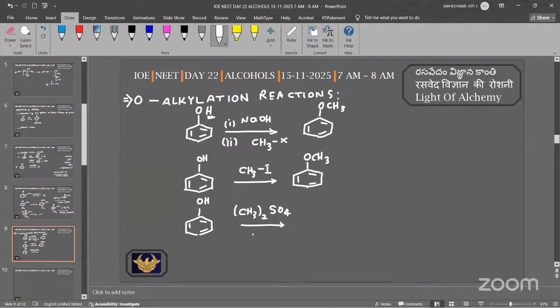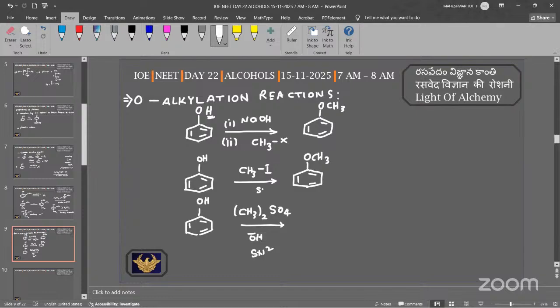Now, this reaction is carried out in presence of base OH minus. So OH minus first reacts with the phenolic hydrogen, then it converts into phenoxide, a strong nucleophile. That nucleophile attacks on methyl groups from the back side. So it is an SN2 reaction.